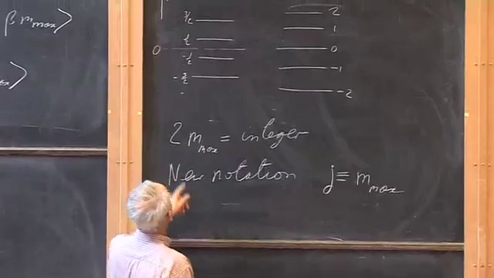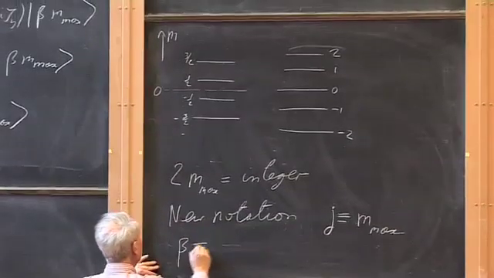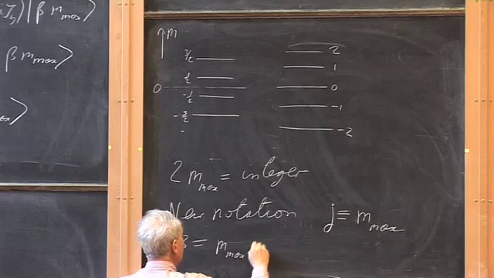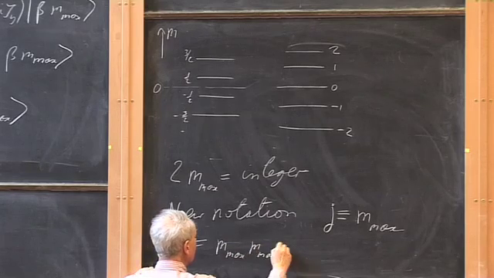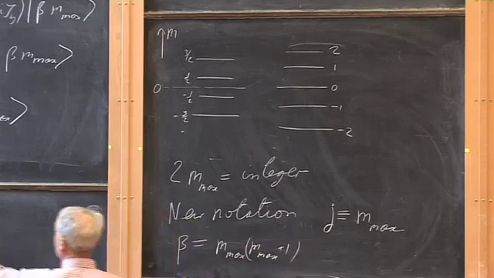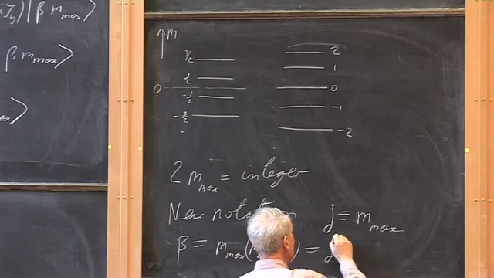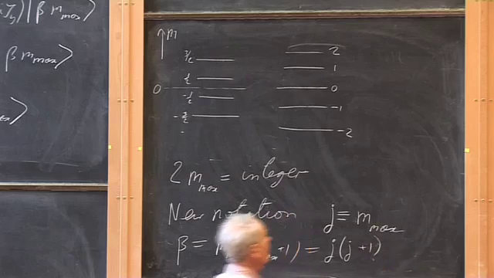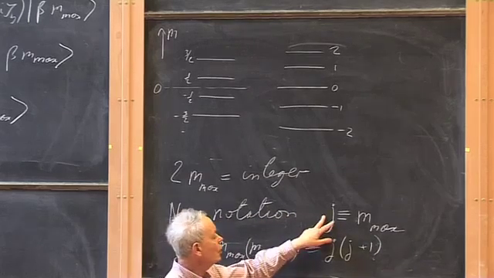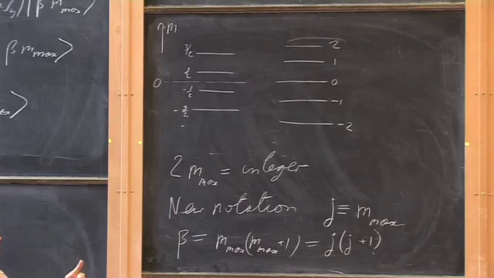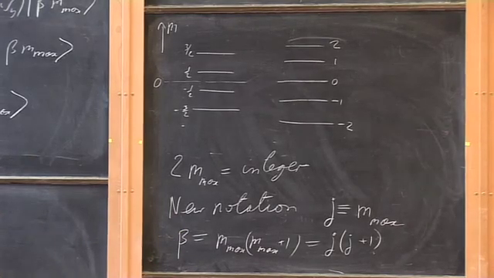And what have we got? We've got that beta is equal to m max plus 1, that's on the board just here, is therefore equal to j plus 1. And we know that 2j is an integer. In other words, j is a half integer. It may be an even number of half integers, in which case it's an integer itself, or it may be an odd number of half integers.